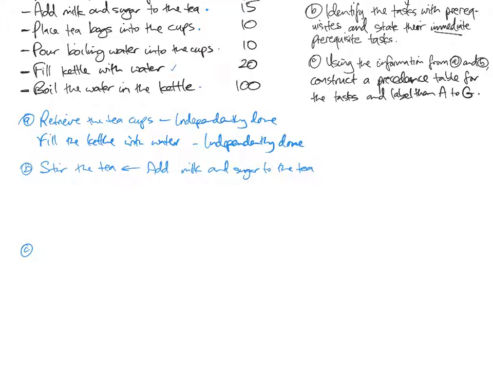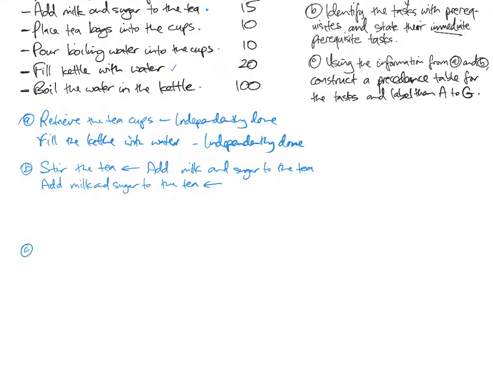The second one that wasn't independent was add milk and sugar to the tea. What's the immediate prerequisite of that? Well, I wouldn't be retrieving the cups immediately before that because I'd need to do something between those.